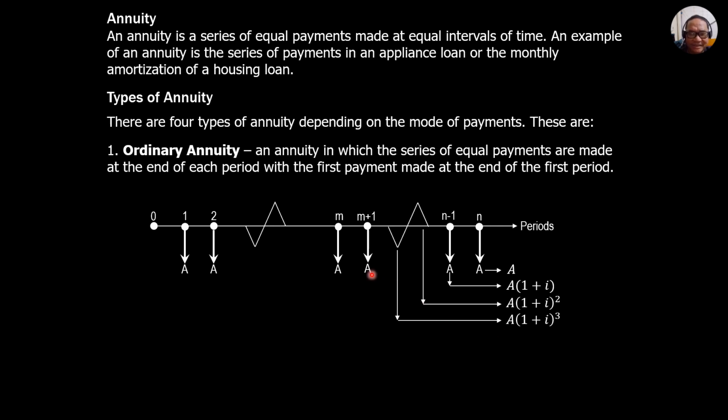So this is the m plus 1 period. In general, that would be A times 1 plus I to whatever is the difference in the distance here.